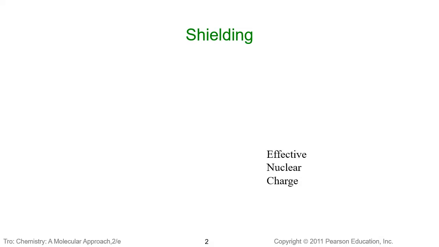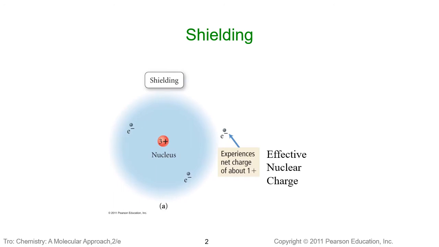The effective nuclear charge comes from something we call shielding. For example, take lithium, which has a +3 charge in the nucleus. Because there are core electrons, those core electrons shield the valence electron.